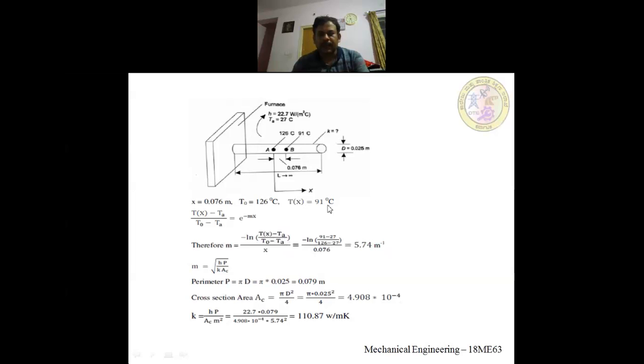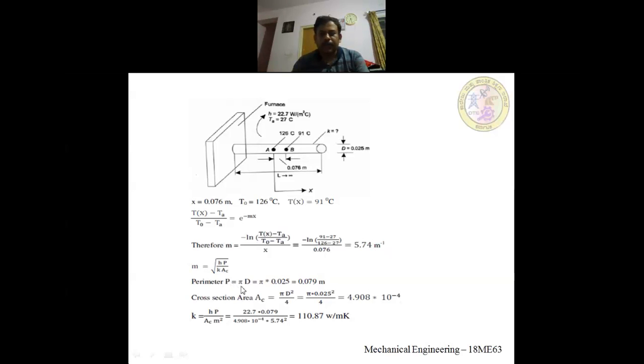Other things, just substitute the values. You know, T_x is 91, T_a is 27, T naught is 126, that is the temperature at point A, minus T_a 27, that is the ambient temperature, divided by x 0.076. You are going to get the value of m, 5.74 per meter. And next, you know that m is equal to square root of hP by k times A_c.